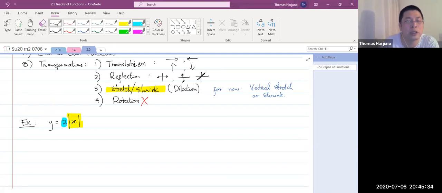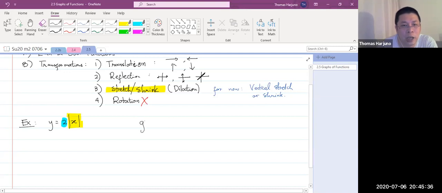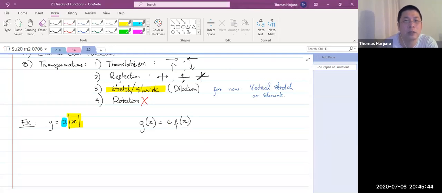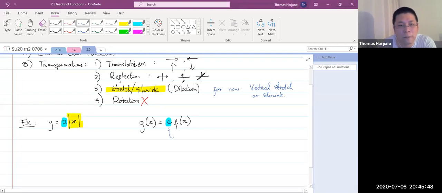So you will see that g(x), a new function, is a constant multiple of that function. If you see something like that, it means this is a vertical stretch by c.